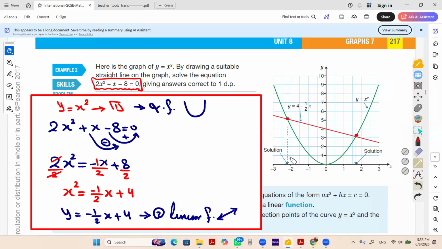X here is negative 2.2, and here 1.7, for example. So negative 2.2 and 0, and here 1.7 and 0. So the solution set will be negative 2.2 and 1.7.